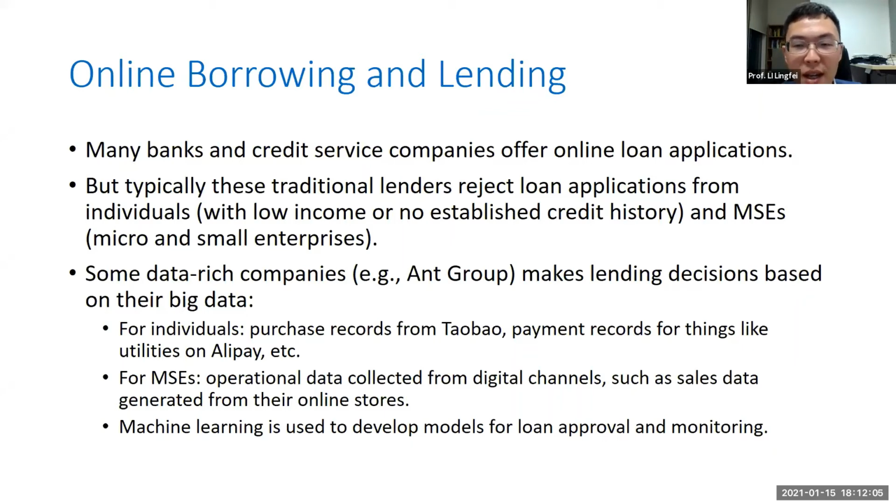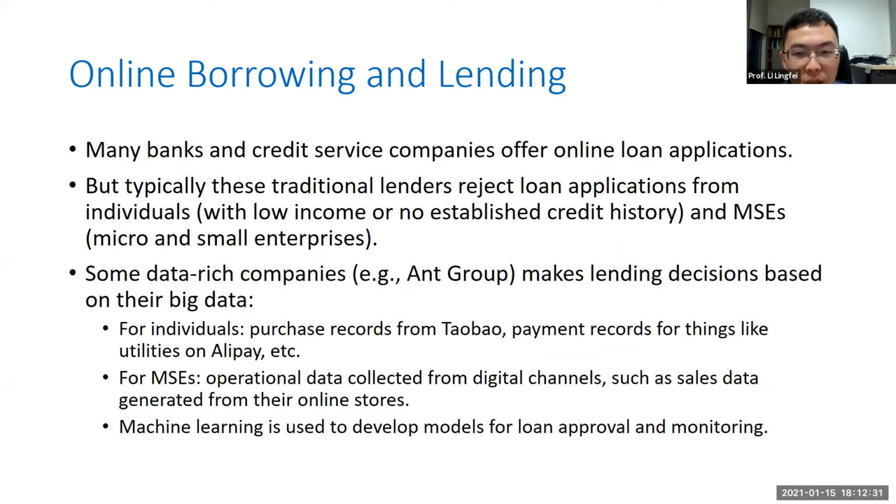Okay, so you cannot say we just ignore them, ignore their financial needs. So nowadays, technology provides us a solution to promote financial inclusion. That means to make financing available for these low-income individuals and also those micro and small businesses.